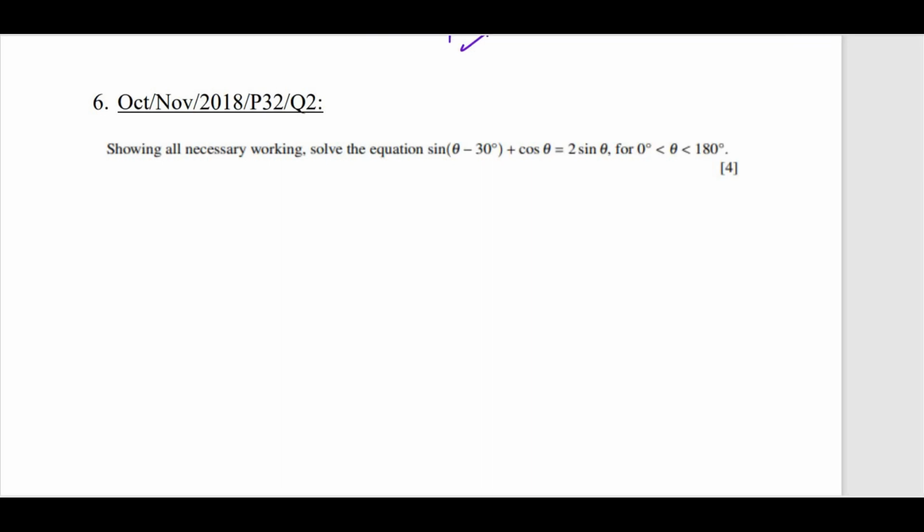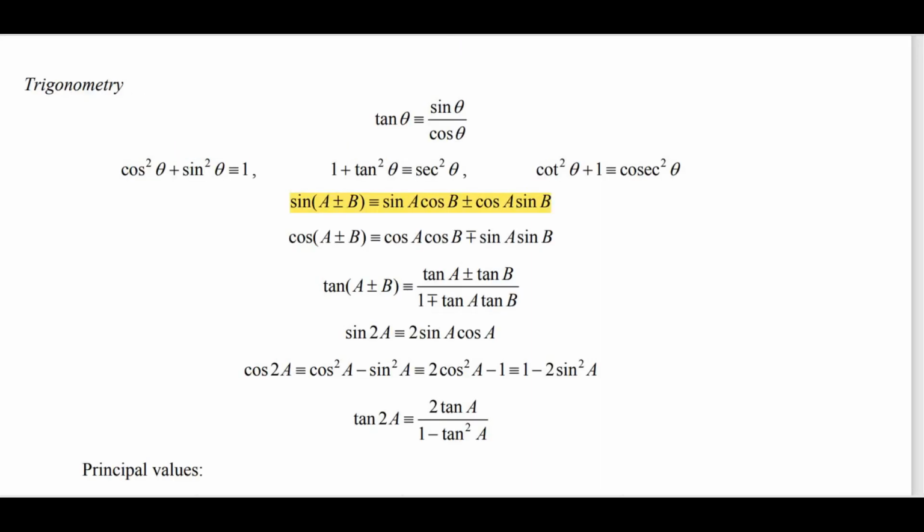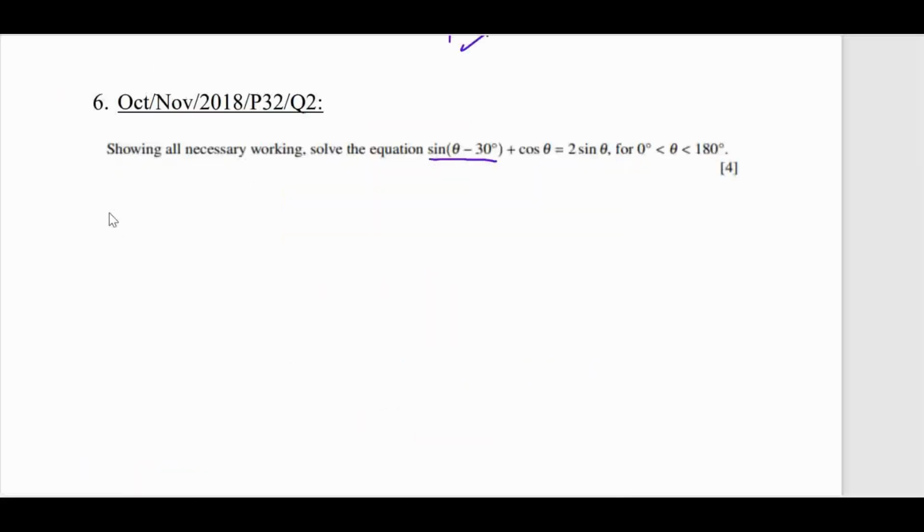This portion is an identity, sine alpha minus beta. We can see here that sine alpha minus beta will be equal to sine alpha cos beta minus cos alpha sine beta, plus cos theta, equal to 2 sine theta.